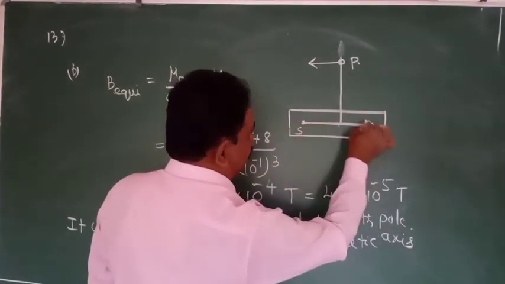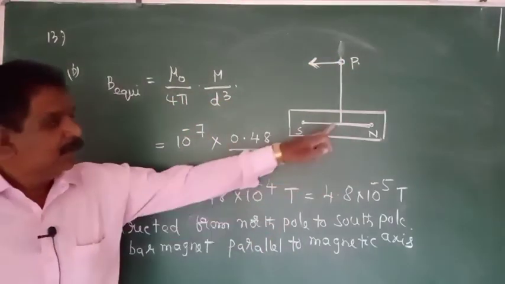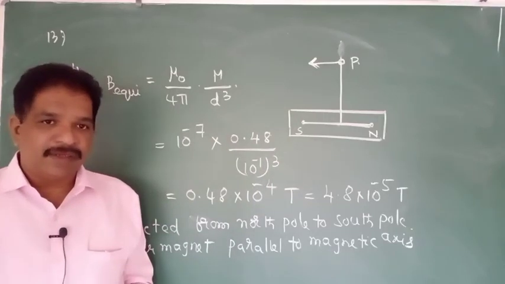This is the magnetic axis. This will be parallel to the magnetic axis, from North Pole to South Pole of the magnet.